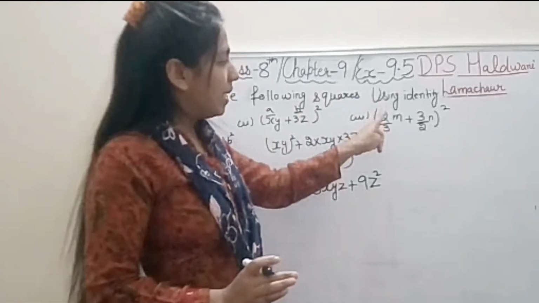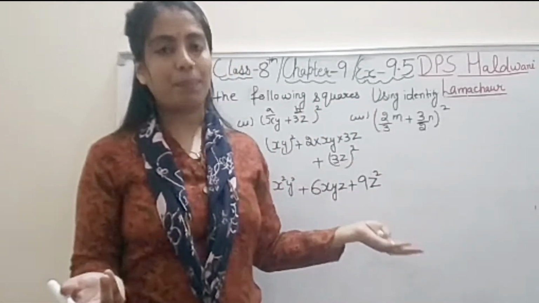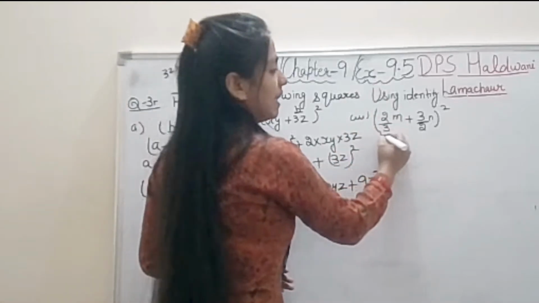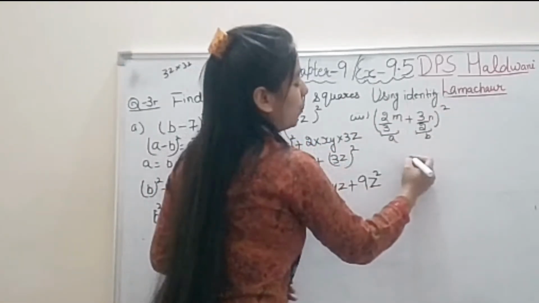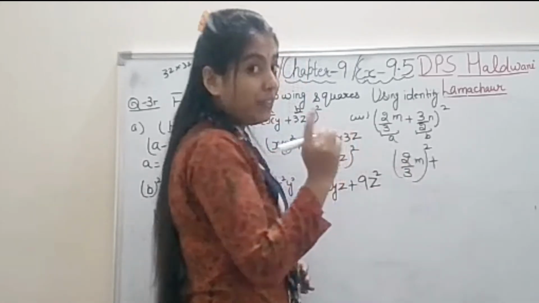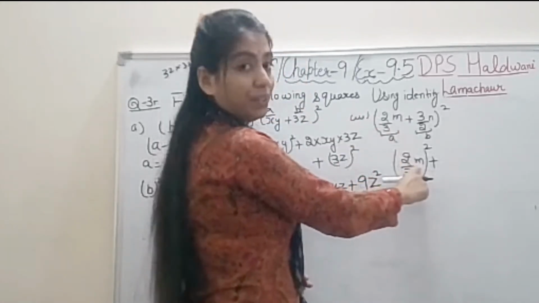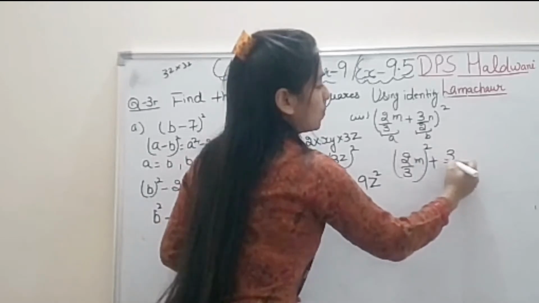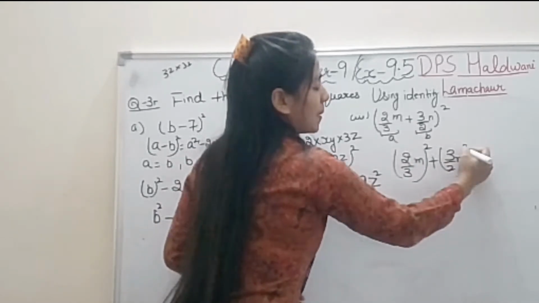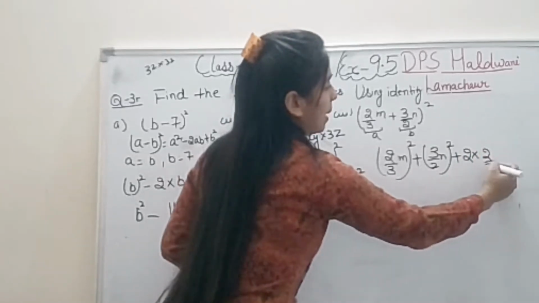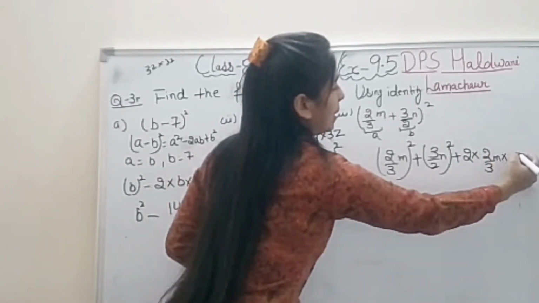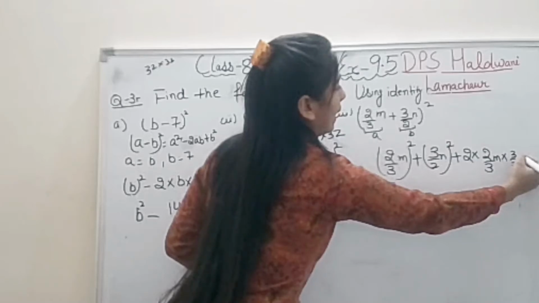Now third part. You have fractions, but the method is the same. This is a and this is b. (a plus b) whole square. So a square with the variable, student. Don't forget to write down the variable. Plus b square, plus 2ab, that is 2 into 2 by 3m into 3 by 2m.